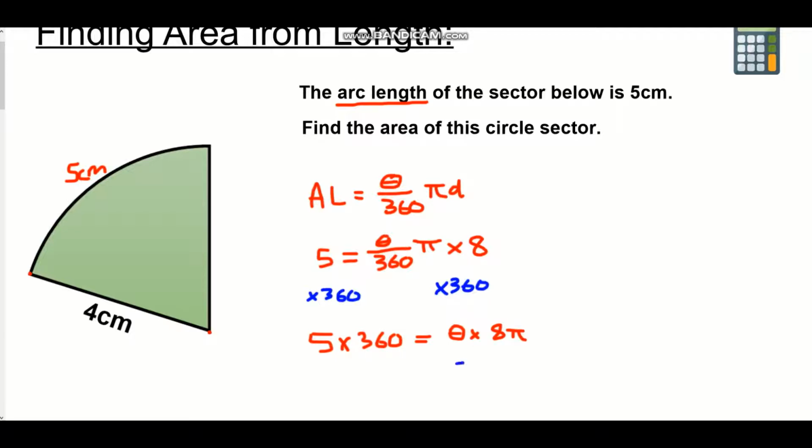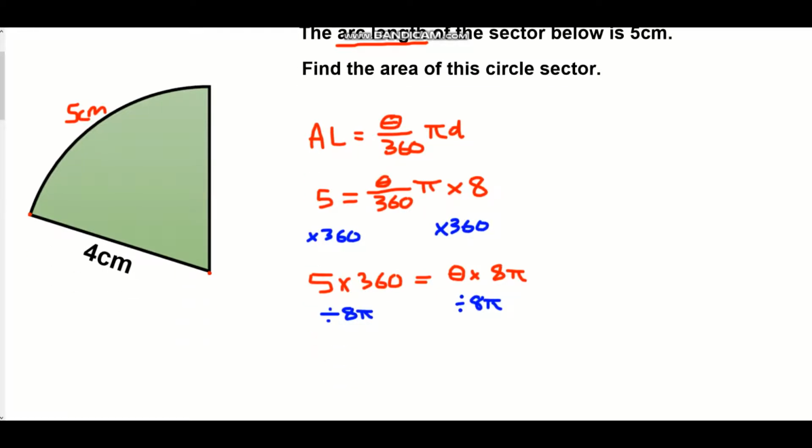And then divide by 8 pi on both sides, and we get that theta on its own is equal to 5 lots of 360.